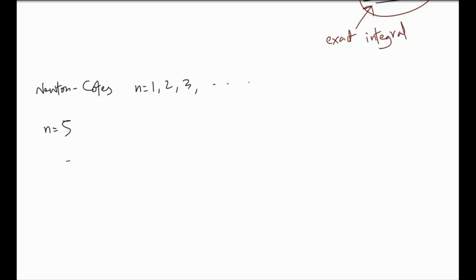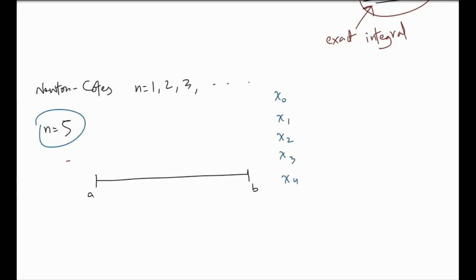Okay, so that means I have the initial interval AB, and if my polynomial is going to be degree 5, then that means I need 6 nodes. Okay, so I have x0, x1, x2, x3, x4, x5. These are my 6 nodes.